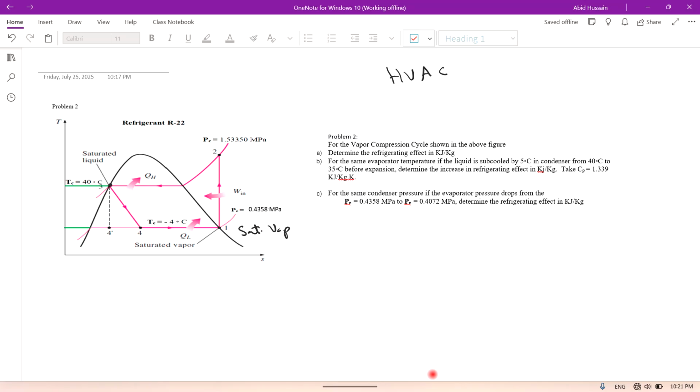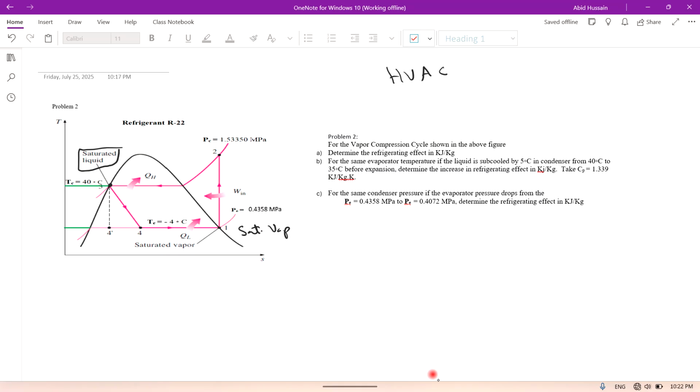This one is saturated liquid, and if we further cool in the condenser, then this will be subcooling, because this is the subcooled region, the liquid region. And from 3 to 4, in ideal condition, this is isenthalpic expansion in the expansion valve, and from 4 to 1 this is evaporation.